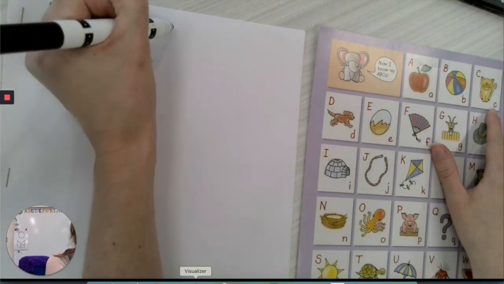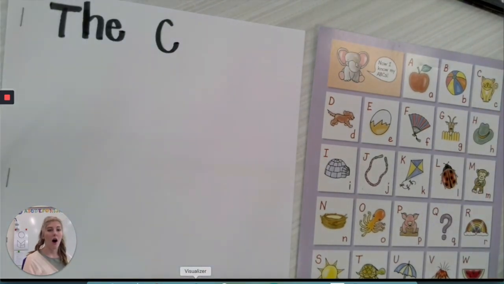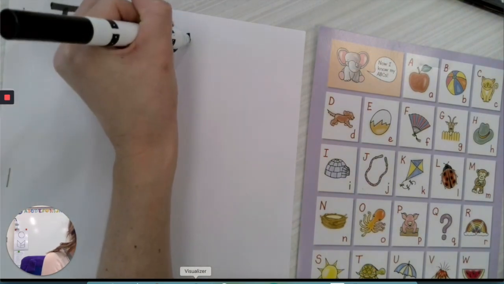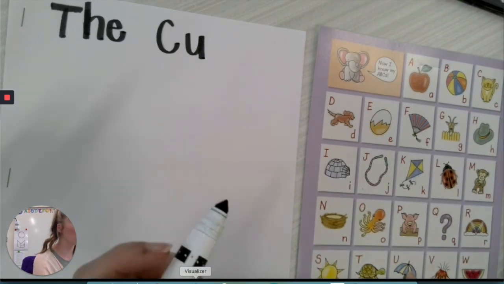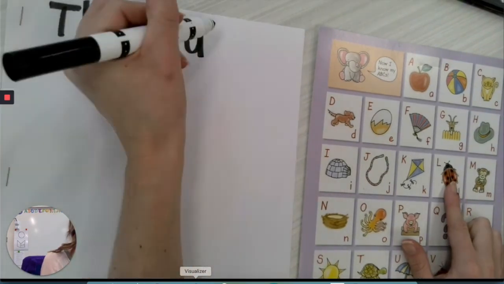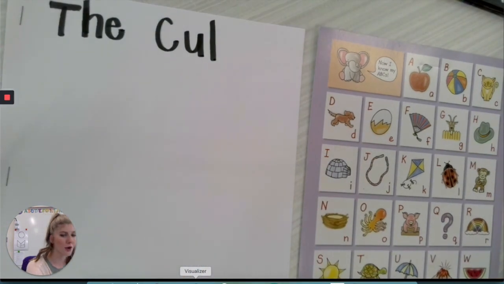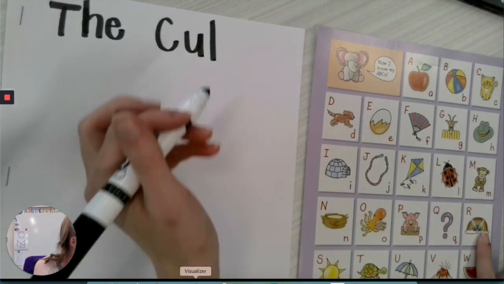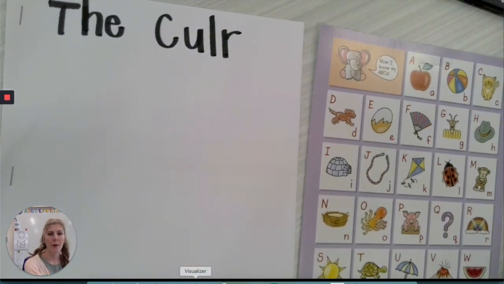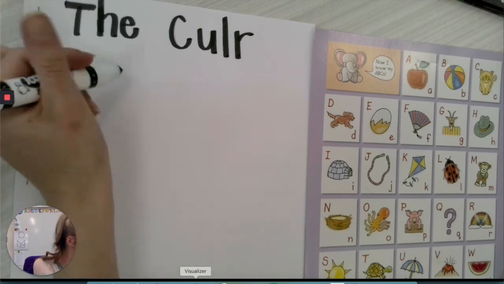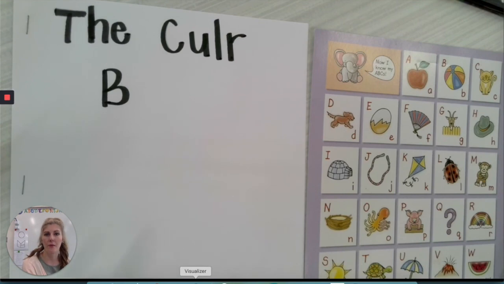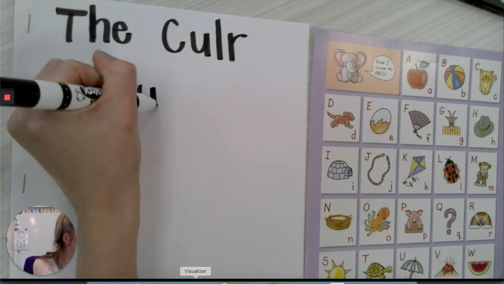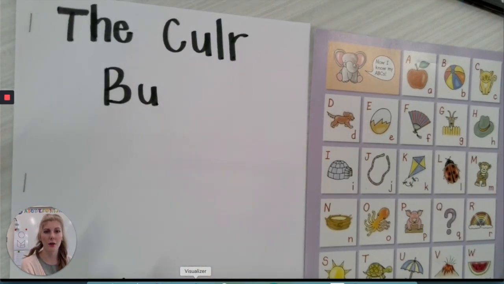C. You makes that sound, doesn't it? K. Color. B. B. B. The color book.